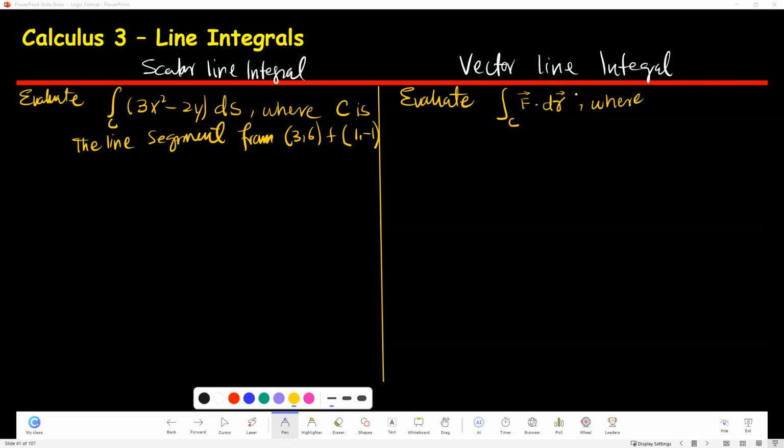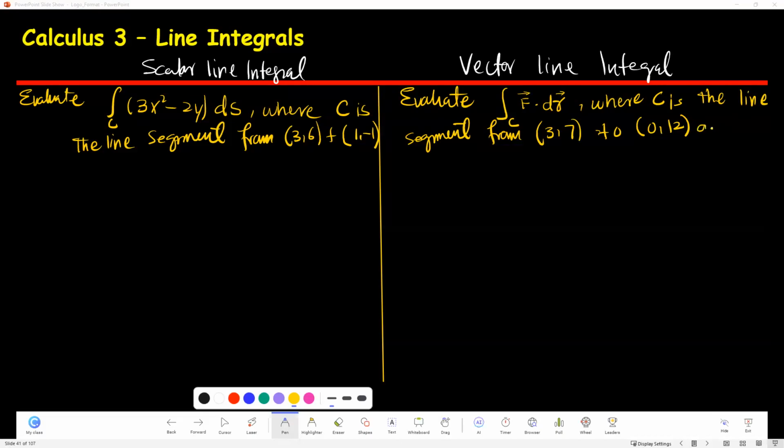where C is a line segment from (3, 7) to (0, 12), right?